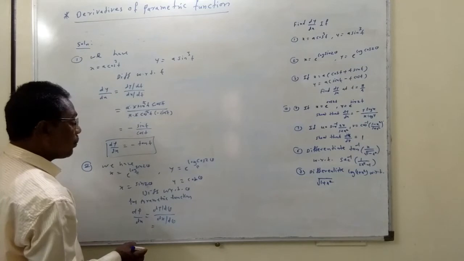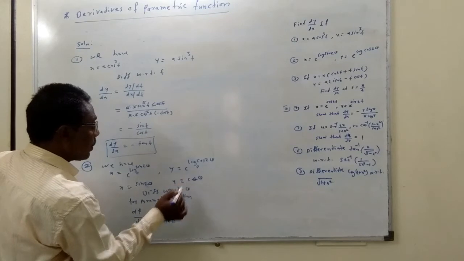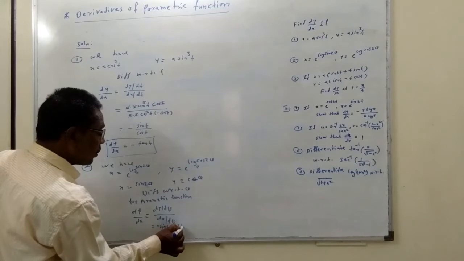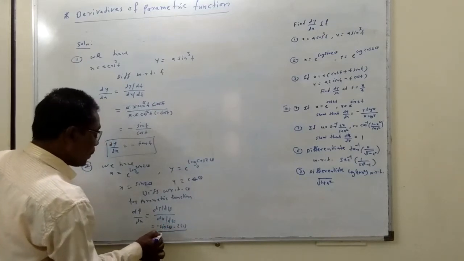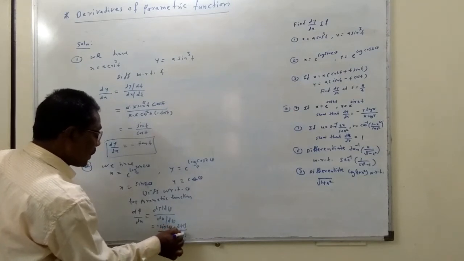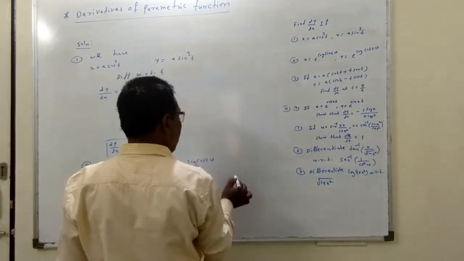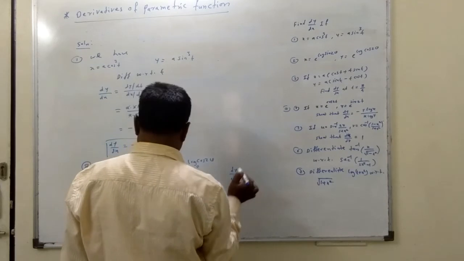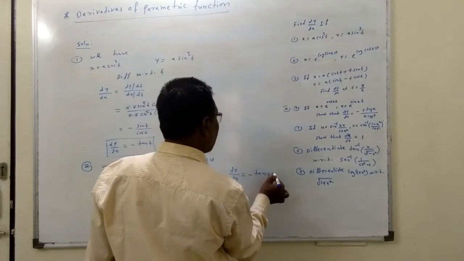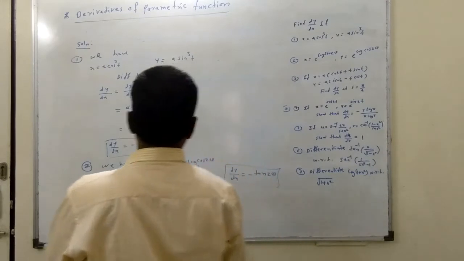Now the derivative of y, cos 2 theta, is minus sin 2 theta into the derivative of 2 theta, which is 2, divided by cos 2 theta into the derivative of 2 theta, 2 into 1. Now this gets cancelled. Sin upon cos is tan. So we get dy by dx is equal to minus tan 2 theta. This is the derivative of the given function in the second example.